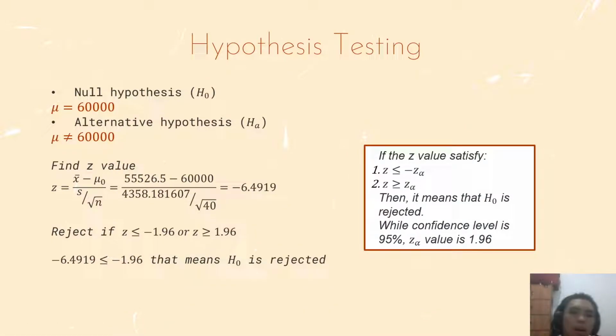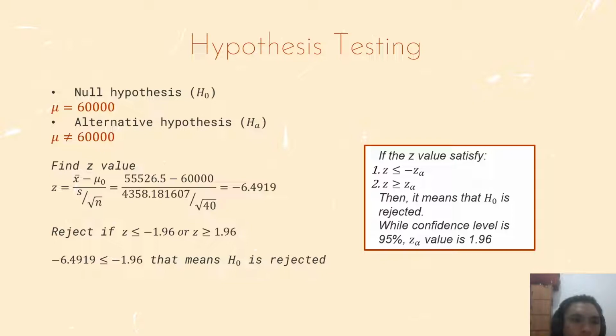Next, we're going to do the hypothesis testing. For hypothesis testing, we're going to provide the null hypothesis, and we're also going to provide the alternative hypothesis. The goal of this testing is to reject the hypothesis, whether it's the null or the alternative.